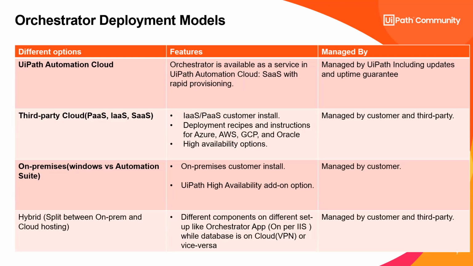Or you could have your Orchestrator sitting in a public cloud on Azure or AWS while your database is sitting in your on-premise. So there could be an n number of combinations for this. All it requires is that the connectivity between the database and the Orchestrator is open. So if the connectivity or a VPN is properly set up, and the network setup is good, you should be able to use this hybrid approach where the different components will be sitting at different locations, right?